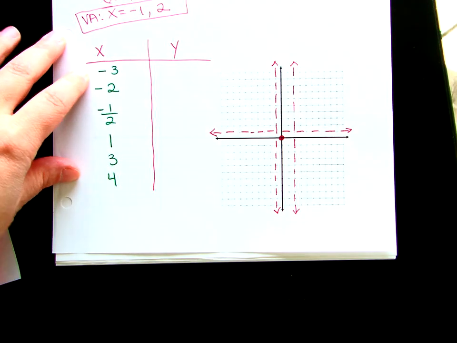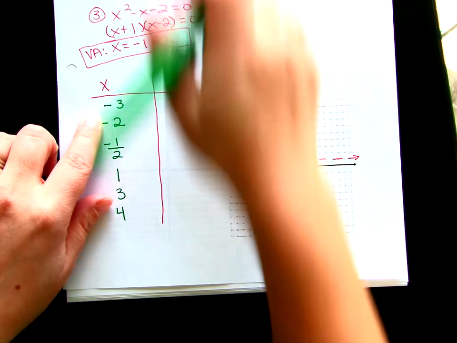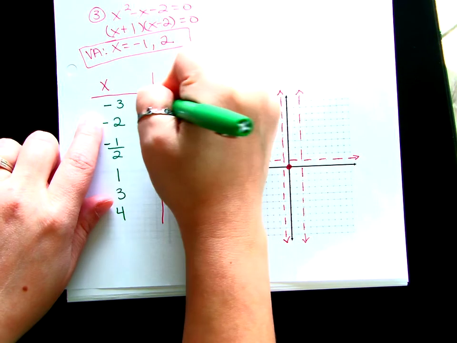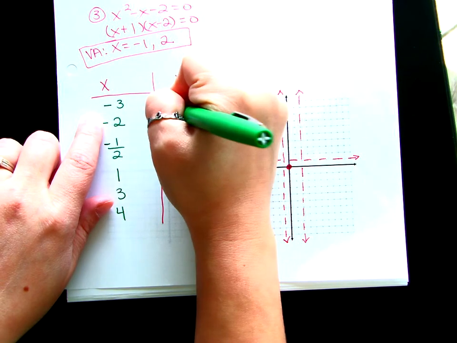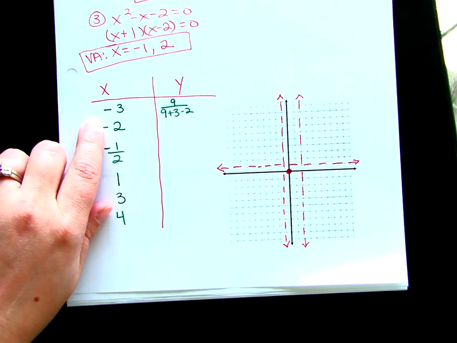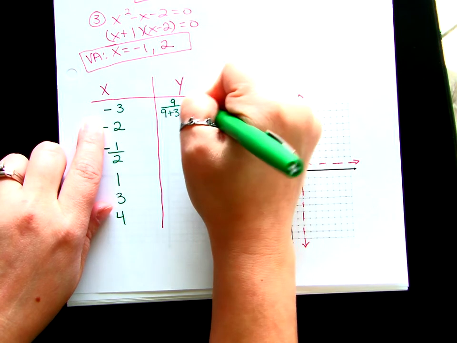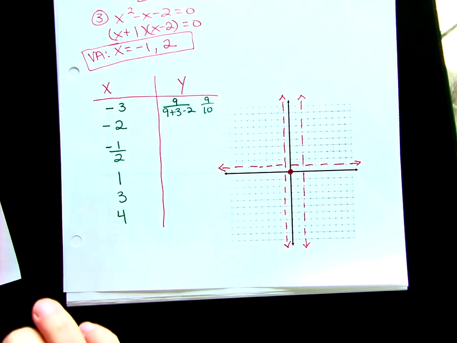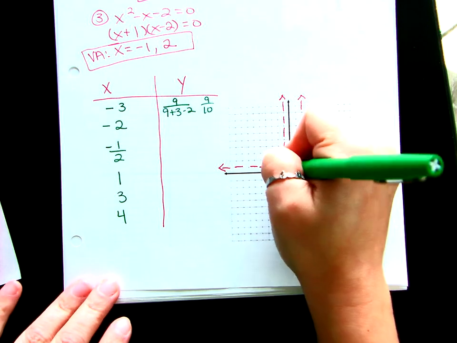So -3 squared all over -3 squared plus -3 minus 2, like this, which gives you 9/10. So almost 1 is where I'm at whenever I'm at -3. So I'm right here at almost 1.